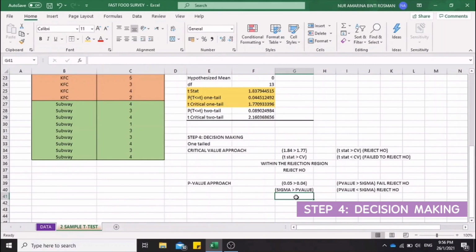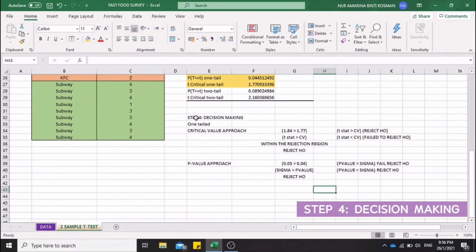The answer is reject H0. So I will highlight here.